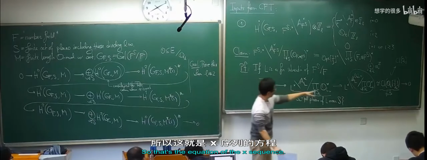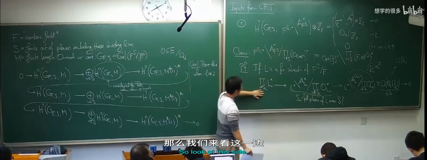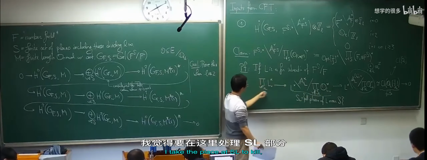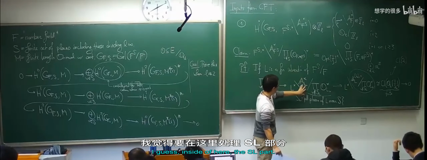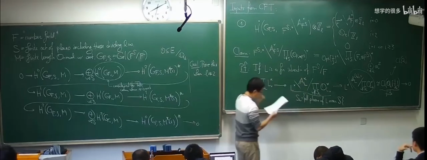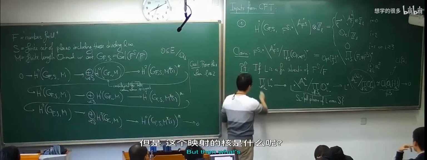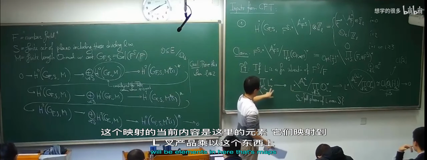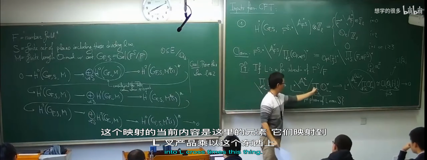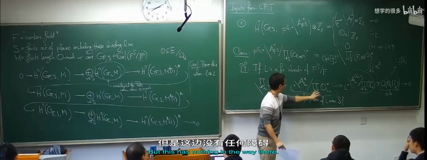So that's the quotient of the exact sequence. So look at this side. I take the places at SL to kill inside of here, the SL part. But then what's the kernel of this map? The kernel of this map will be elements in here that map into L cross times this thingy, right? But this has nothing to do with this.